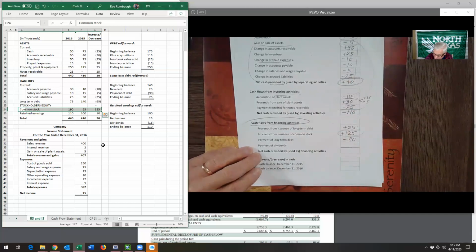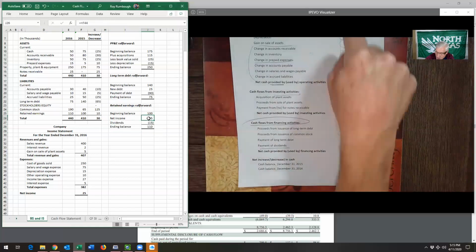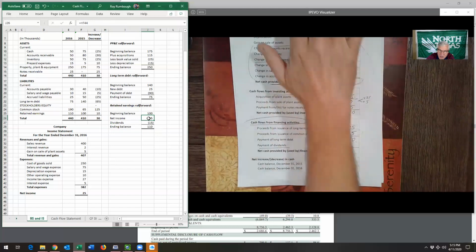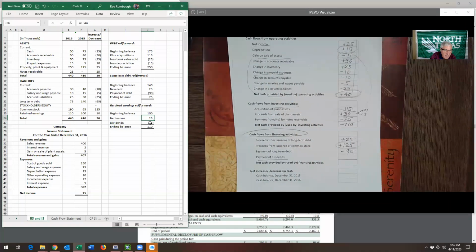And then finally, what happened to the last piece, retained earnings? It went up by 10. It's got to be the same direction, but here's our retained earnings roll forward. You guys should know this by now. Beginning about 100 plus 25 of net income. We've already taken care of that over here, the 25 in net income, but we haven't taken care of this dividend piece, minus 15.